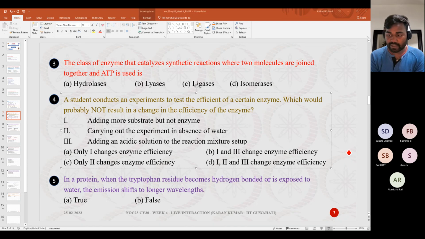Right now it is buried in the hydrophobic pocket. But when it is exposed to the water and hydrogen bonding is happening, what will happen to its emission spectra? Will it shift to the forward side or backward side?